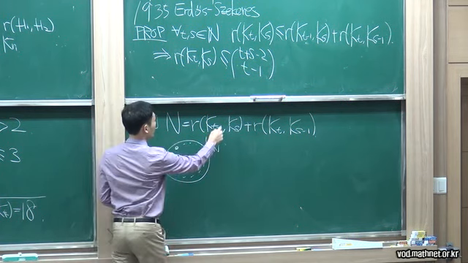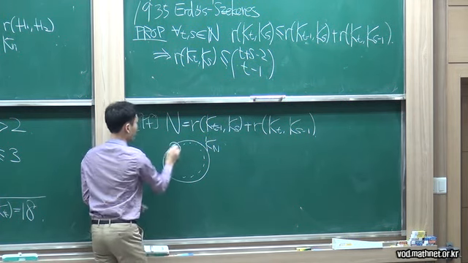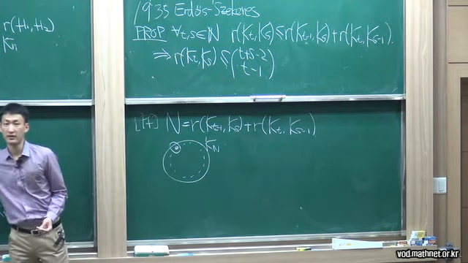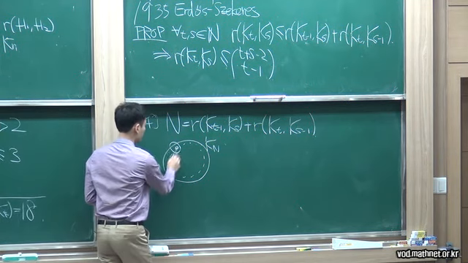How I'm going to find a K_t or a K_s is first fix a vertex, just like here. Look at its neighbors.